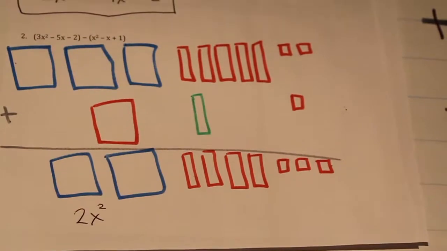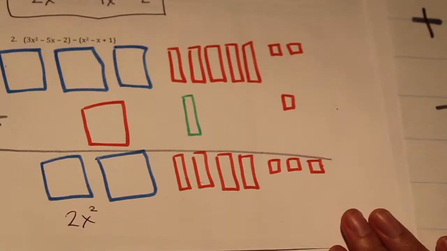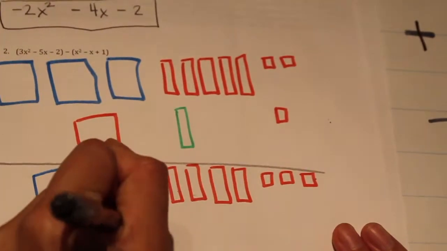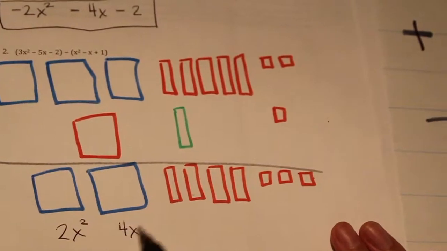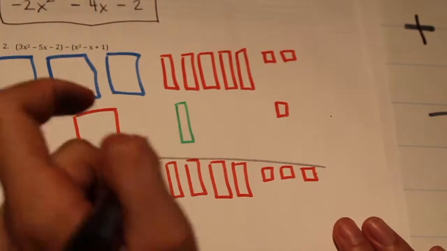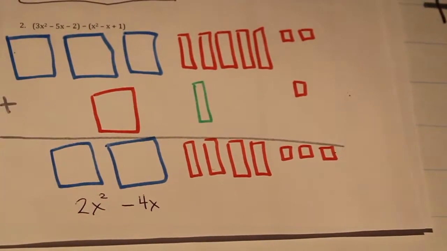Then we have 4 red rectangles, so we would say 4x, because 4 rectangles, and because they're red, we say it's negative 4x.